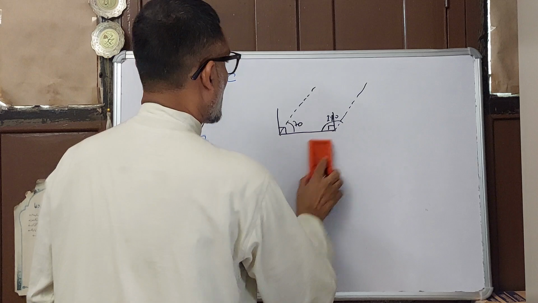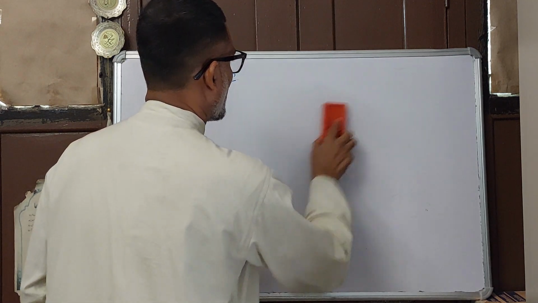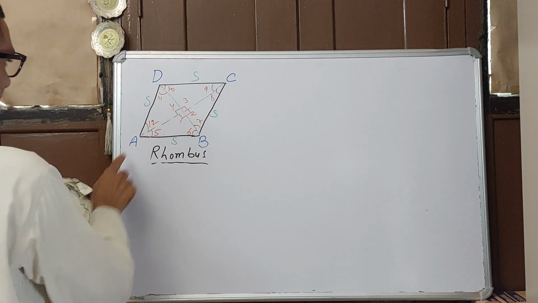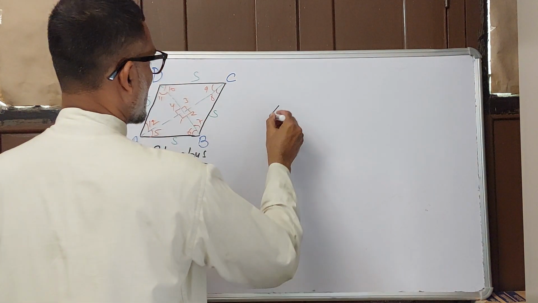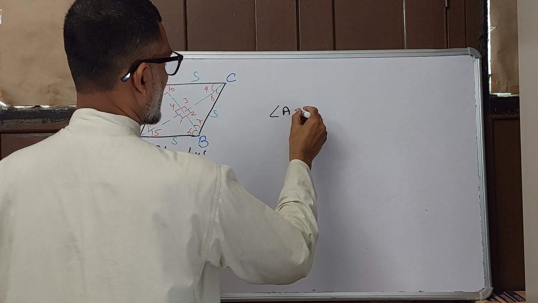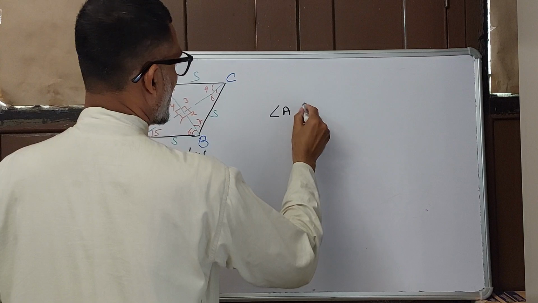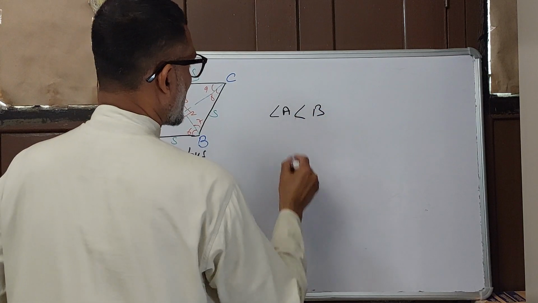That's why angle A and angle B are not 90 degrees.